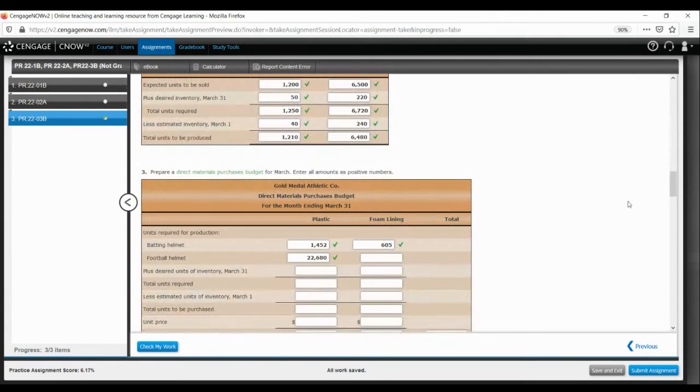That's going to give you the amount to record for foam lining, and that amount for the foam lining is going to be 97.20.